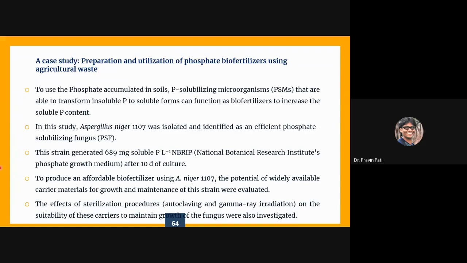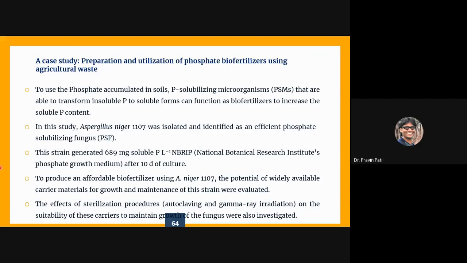This is a 2-slide session where I would try to present a study in which they have used phosphate solubilizing microorganism that can transfer insoluble phosphate to soluble form, using agricultural waste as a carrier as well as a source.